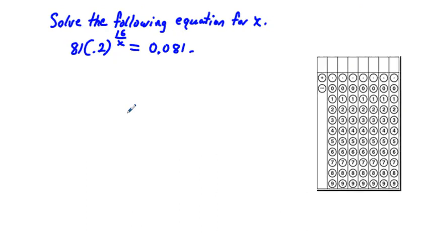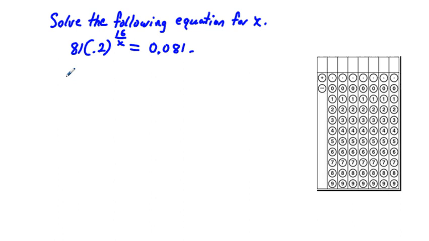Next, solve the following equation for x. We get 81 times 0.2 to the power of 16 over x equals 0.081. Now, the easiest way to do this would be to solve this for 0 and graph.